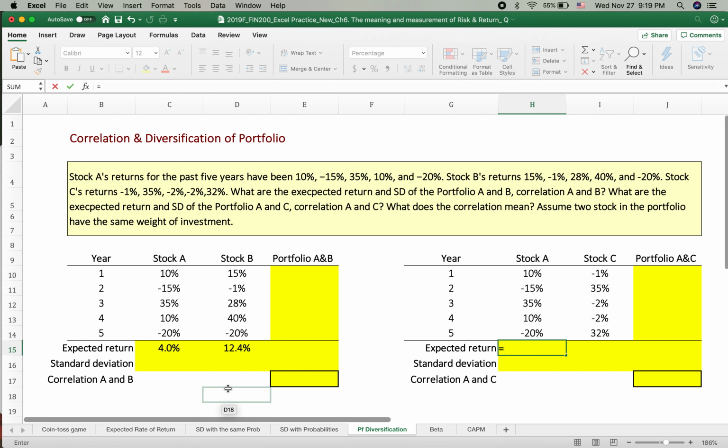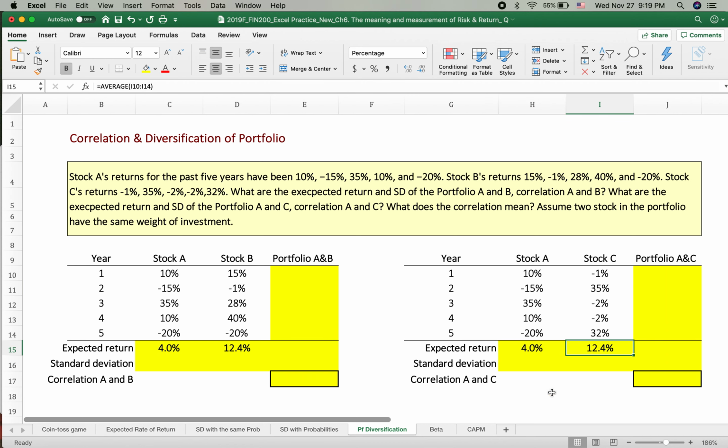Let's compare the stock A and C portfolio. Again, the same way, the average of this historical rate of return, and also for stock C. Even though stock B and stock C have different historical rates of return, the expected rate of return, which is the average, is the same. Then the standard deviation of stock A for 5 years.